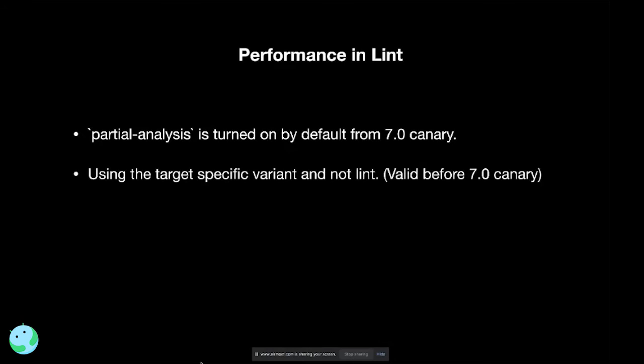Second is using the specific target variant and not lint. What do I mean by use the specific target variant? When you run lint via command line, that is ./gradlew lint, it would actually return you lint debug and lint release. If you do not have any specific project variant in your project, lint would create three by default for you, just like I said. I think what I did for the first time was, since I did not know if I wanted to use lint debug or lint release, I directly was running lint.